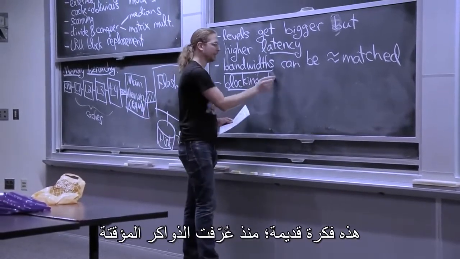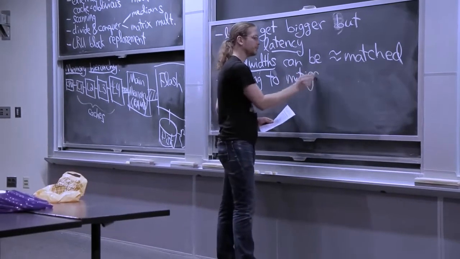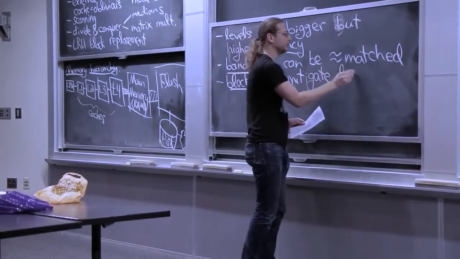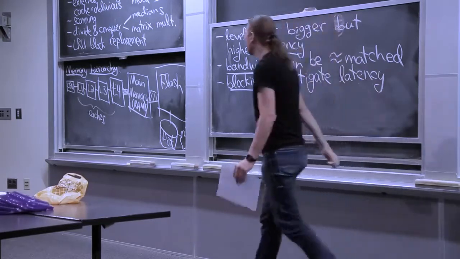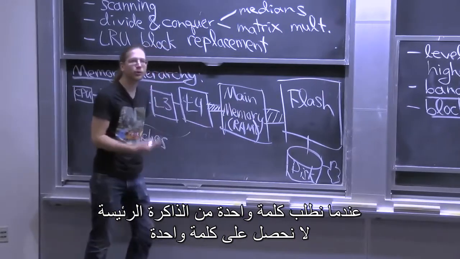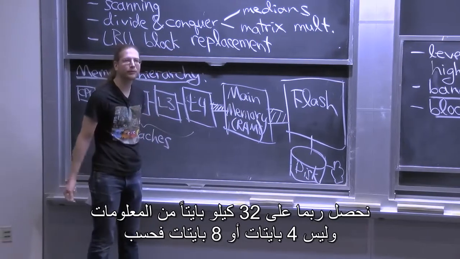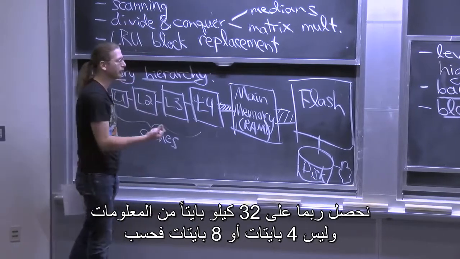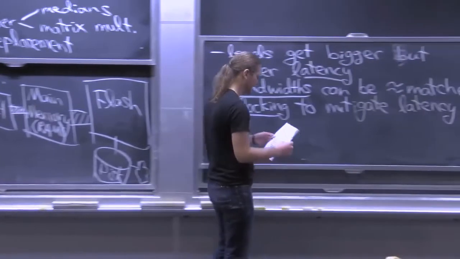This is an old idea. Since caches were introduced, there's the idea of blocking. So when you ask for a single word in main memory, you don't get 1 word. You get maybe 32 kilobytes of information, not just 4 bytes or 8 bytes.